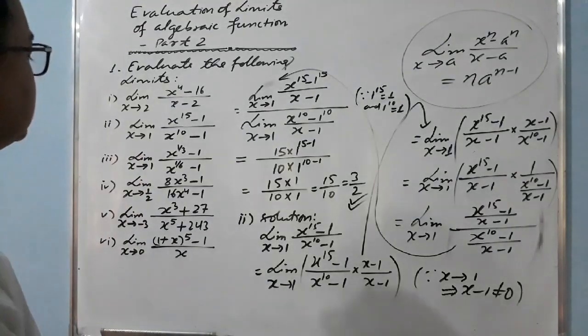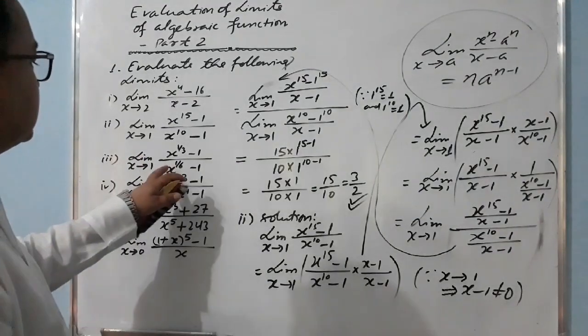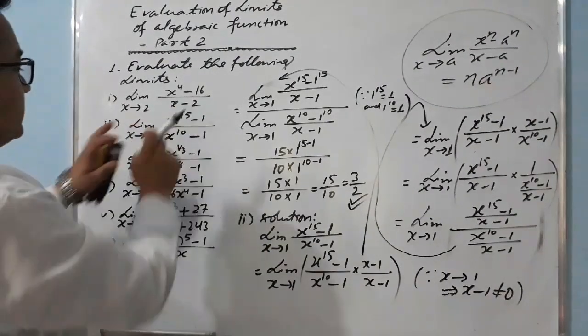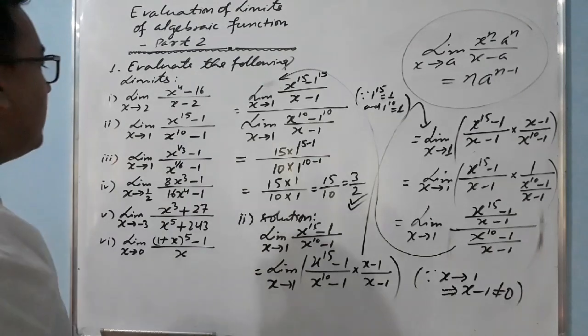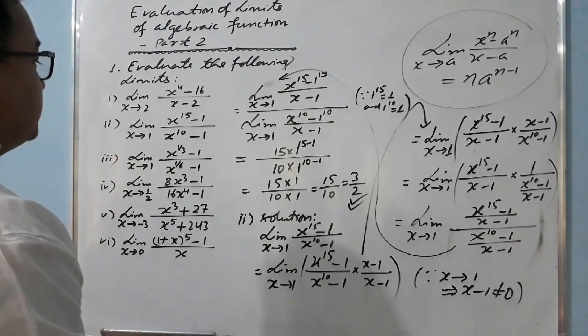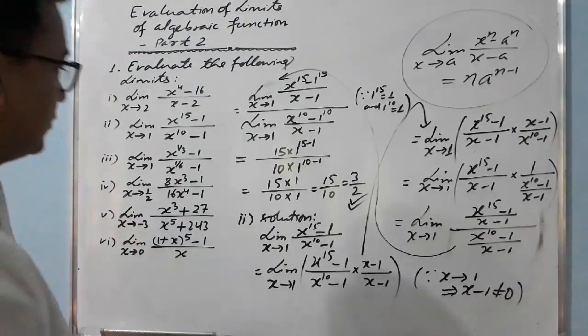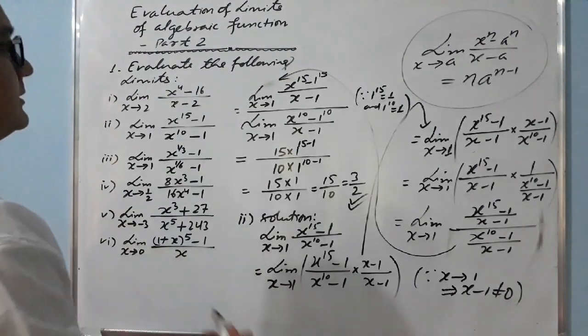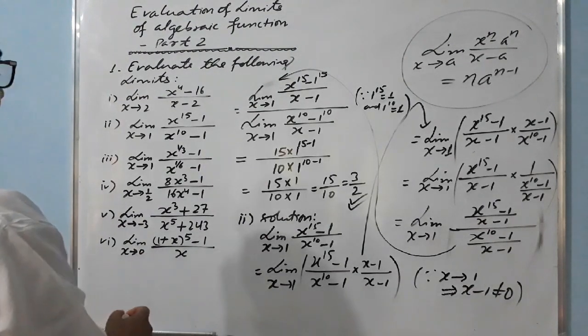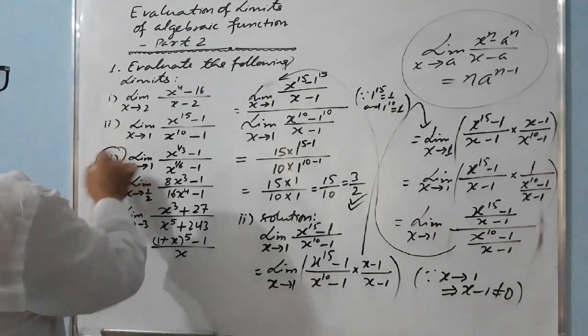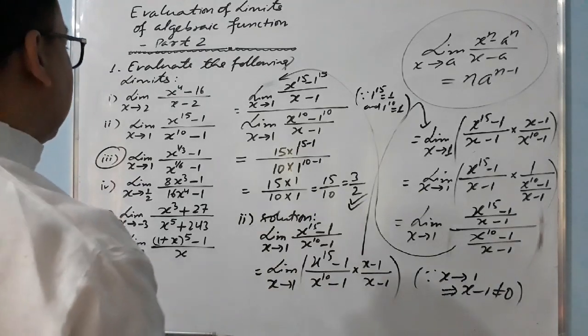I think you understood how to do this one. In the same way, exactly the same, instead of 15, instead of 10, we have here 1 upon 3 as a fraction. It doesn't matter. And here 1 upon 6. So you can handle it, right? That's why I'm planning to leave it for you to practice.